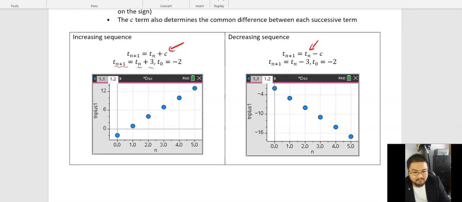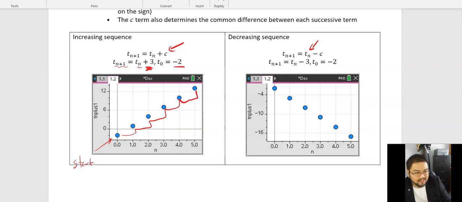So the next term is equal to the current term plus 3. We start off at negative 2, this is our starting point, and we're adding 3 every single time. That's why we've got the plus 3 there.